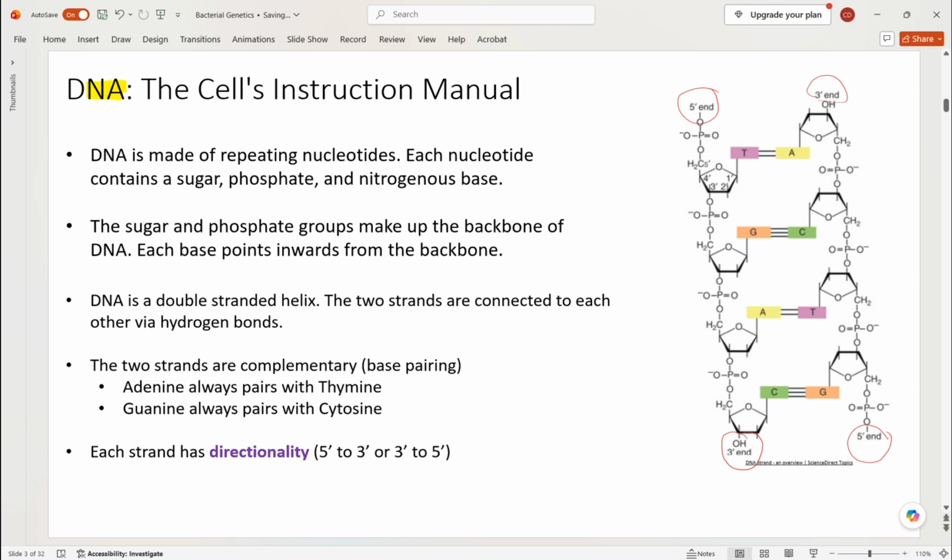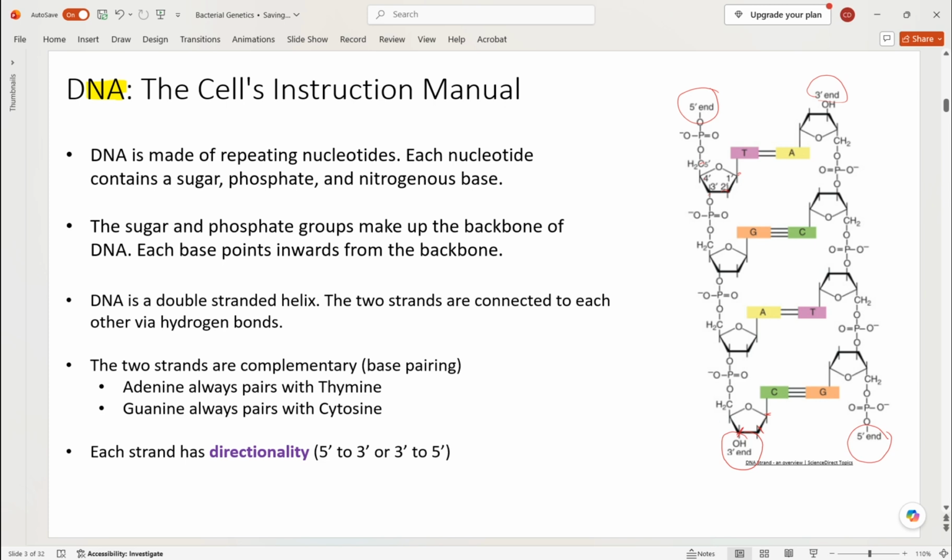You don't really need to know for my class all the nitty-gritty details of why it's called 3' end and 5' end. What it's really coming down to is if you look at this sugar on the left, you can count the carbons. You start here, and that's carbon 1, carbon 2, 3, 4, 5. This phosphate is attached to carbon number 5, so we're calling it the 5' end. And then down here on the bottom, here's carbon 1, here's carbon 2, there's carbon 3.